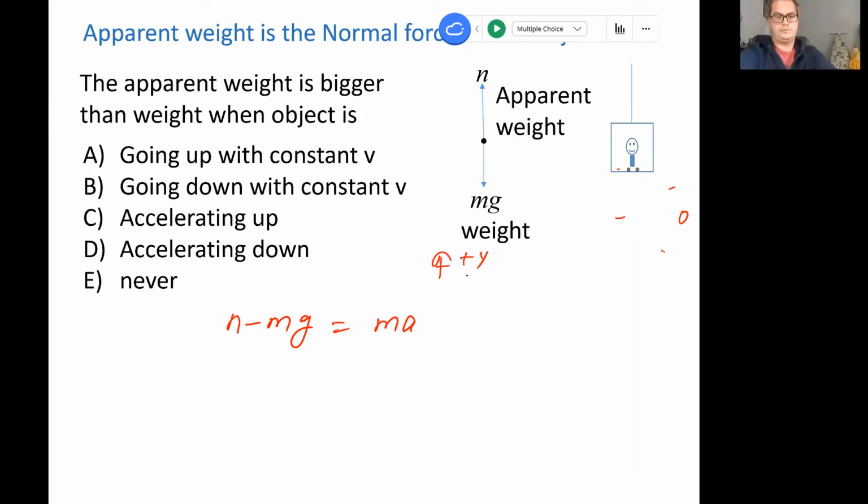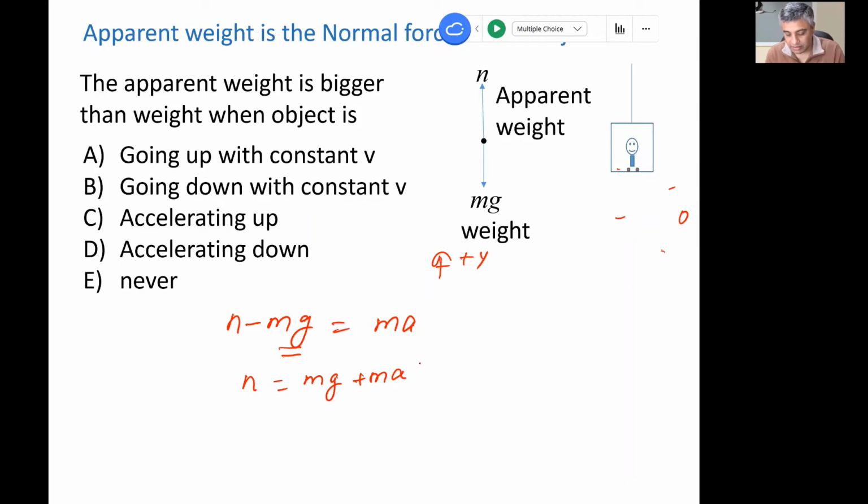Yes. Okay. So mg is the weight. In this case, N is mg plus ma. Right. So if acceleration is positive, that means the normal is going to be larger than mg. Is that how you are looking at it? That's a way to look at it.